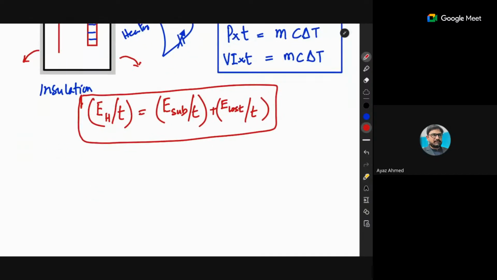In some cases, energy can be taken in from the surrounding. So, beta ji, this energy per unit time is actually the rate of heat supplied. You got it?